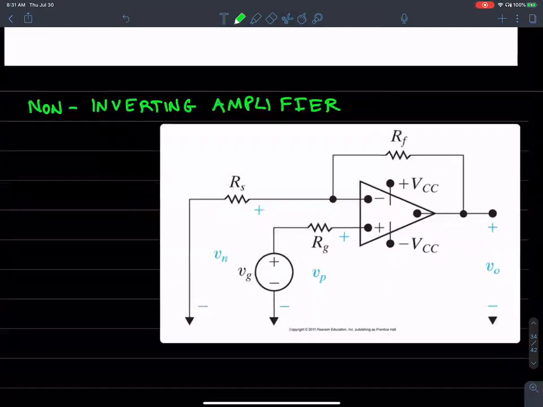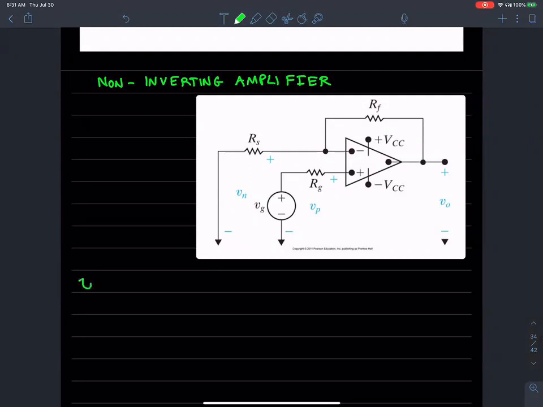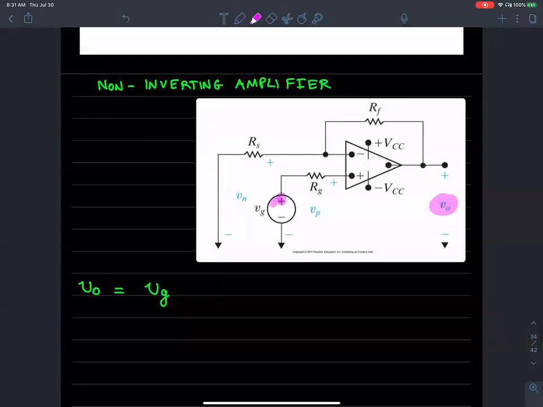The output that I expect to see, V output, that's VO, should be the input voltage, really VG, times some gain.